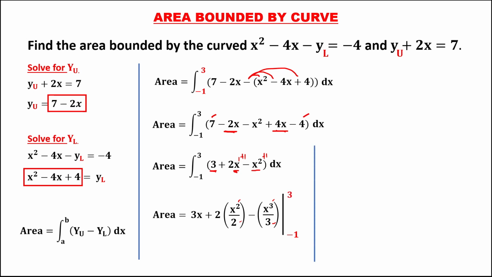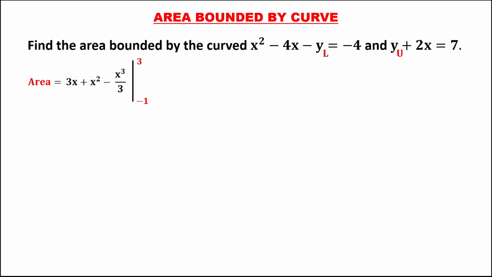Then to simplify, area equals 3x, then plus, we can cancel this 2, so this is x squared, then minus x to the power 3 over 3, with limits negative 1 and positive 3. This time, substitute the upper limit first.